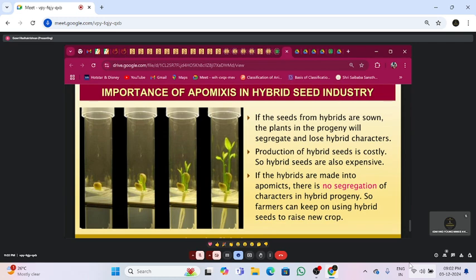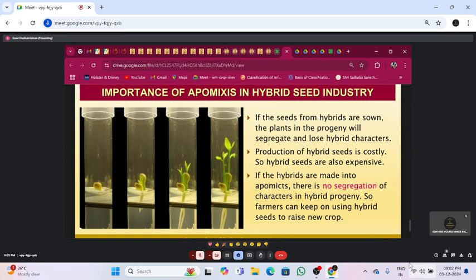If the seeds from hybrids are sown, the plants in the progeny will be segregated and lose hybrid characters. So production of hybrid seeds is costly, because they pick out the best characters and then pollinate, and so that variety is also costly.